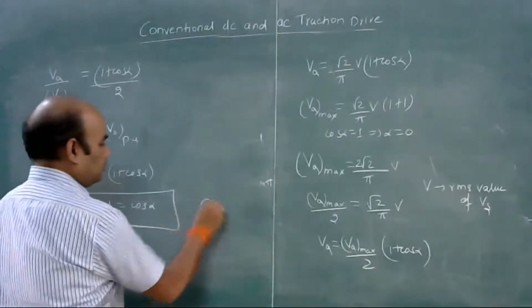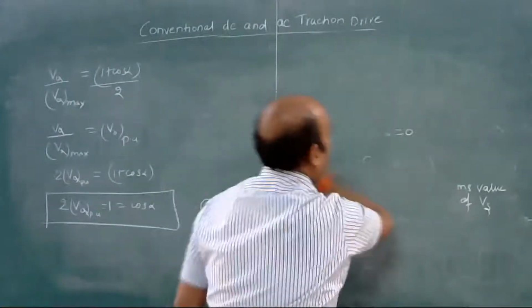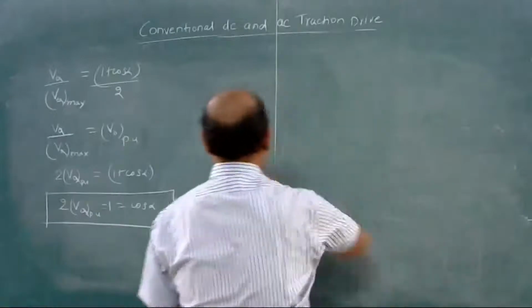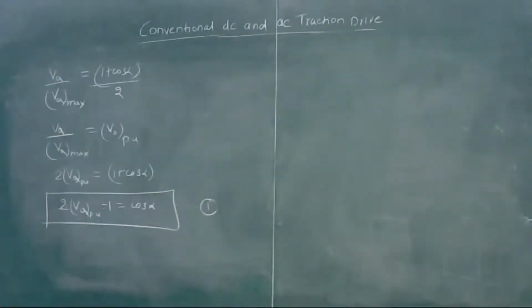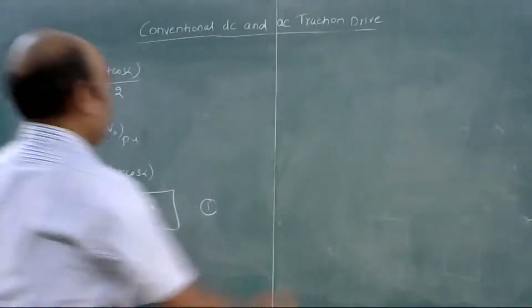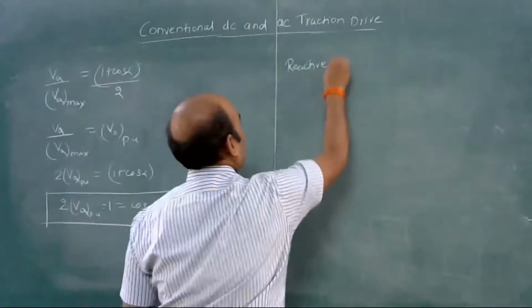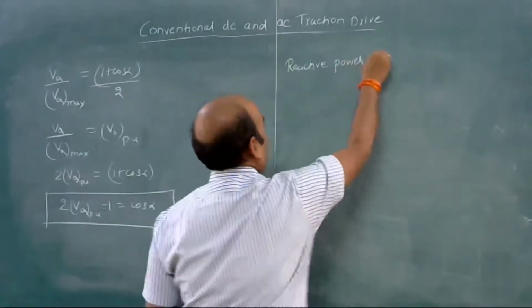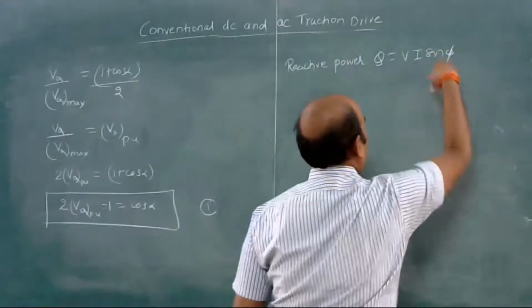Similarly, we can calculate the reactive power requirement of this converter. Reactive power Q is equal to V into I into sine phi.